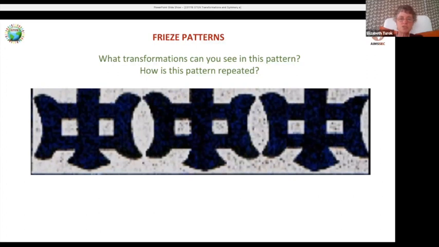What transformations can I see in this pattern? Well, is it in the individual patterns, like this one, for example? Well, what it is, Elizabeth, is that each one of these frieze patterns, when we break them down, we're looking at the smallest piece of it that is a complete design.